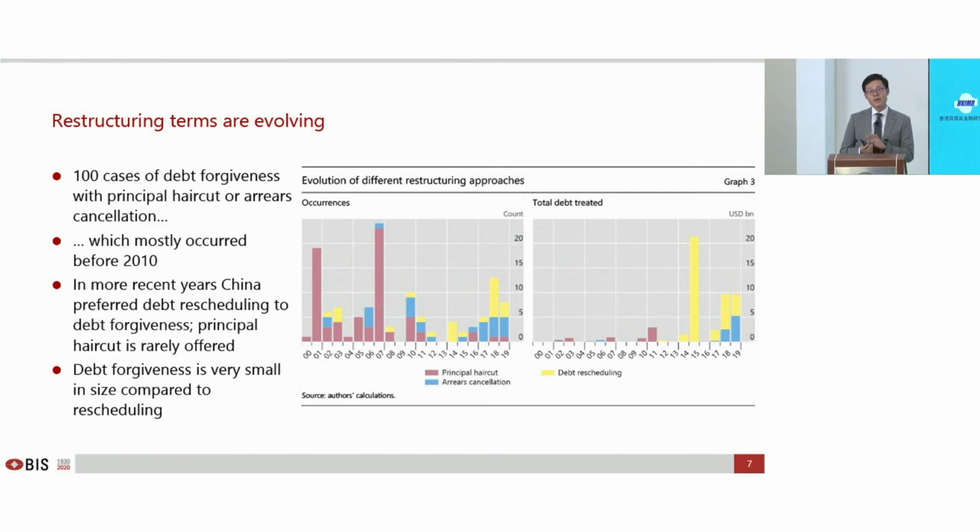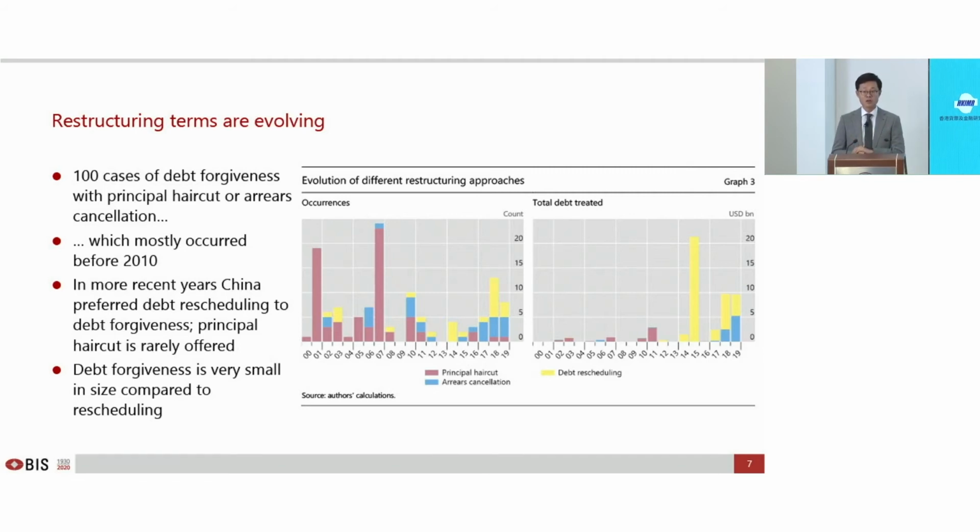But when debtor countries receive debt treatment from China, there are also many cases when a country has already, technically speaking, defaulted, already runs arrears vis-a-vis China, and then China canceled all the accumulated arrears. So this is a separate case we want to identify within this broad group of nominal debt treatment.